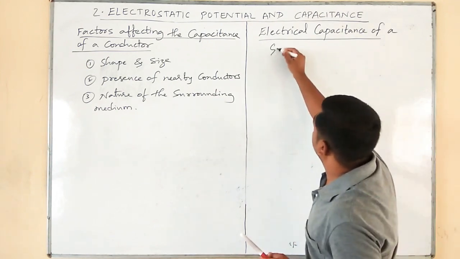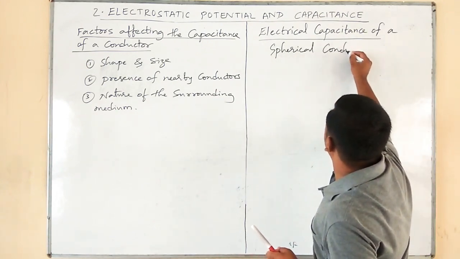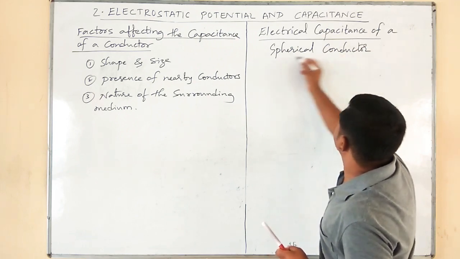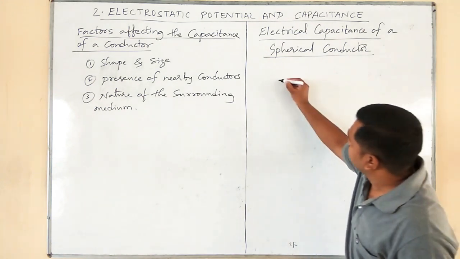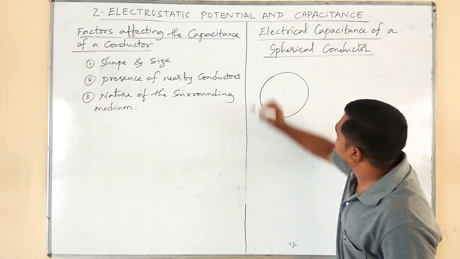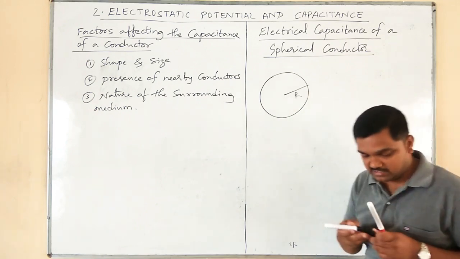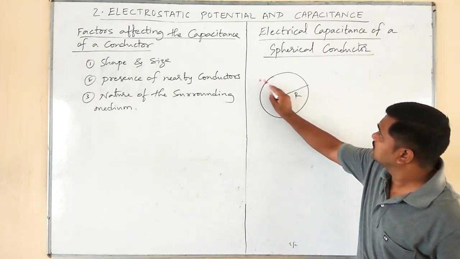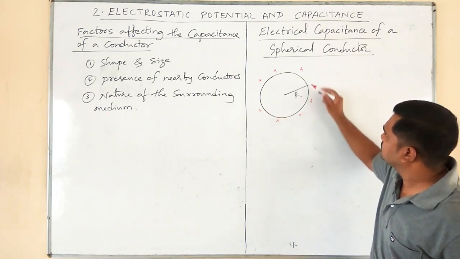Let us consider a spherical conductor having radius capital R. Let plus Q be the charge on its surface.